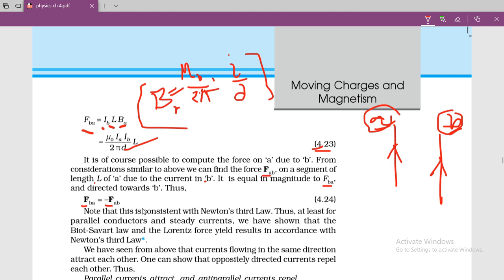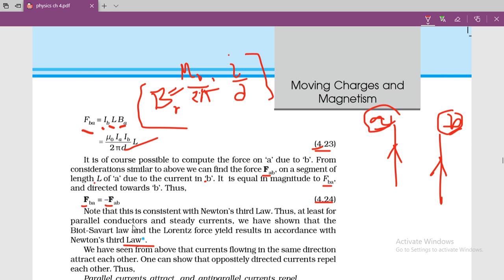This shows that these two forces are equal in magnitude and opposite in direction. Note that this is consistent with Newton's third law.